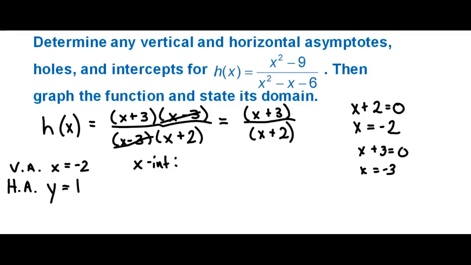So I have an x-intercept with an x value of -3. We can plug that in. h of -3 is 0, which obviously we just defined. And then the y-intercept is going to be where my x is equal to 0, and that simply ends up being 0 plus 3 over 0 plus 2. So we have a y-intercept at the point (0, 3/2).